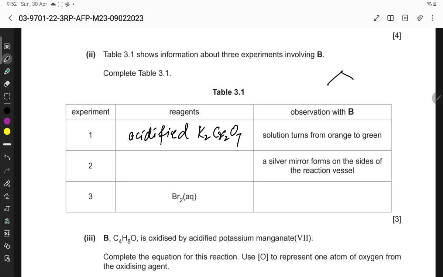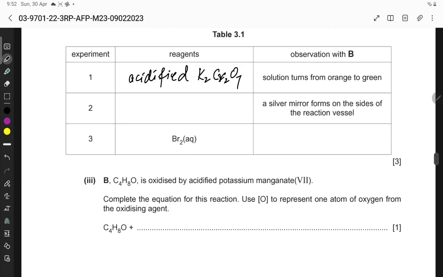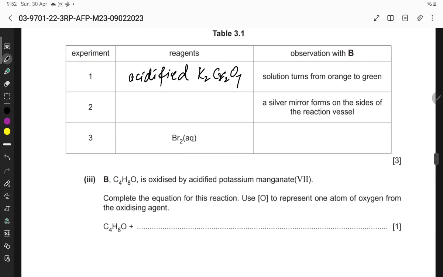So this is CHO to COOH, and a silver mirror forms on the sides of the reaction vessel. This is Tollens reagent.